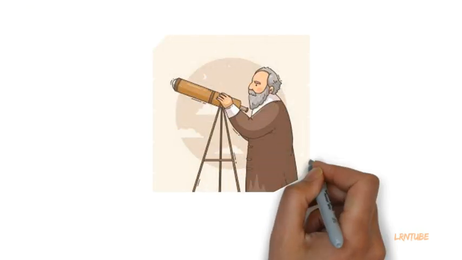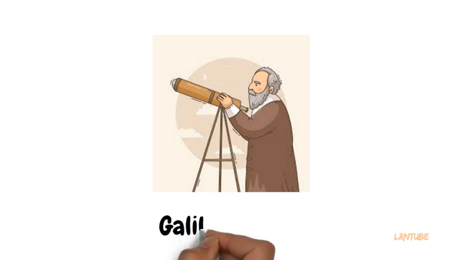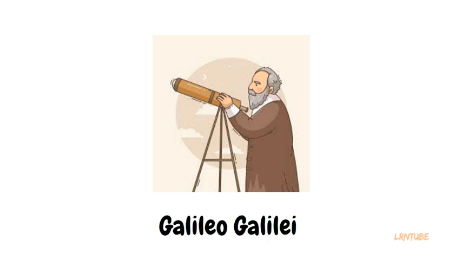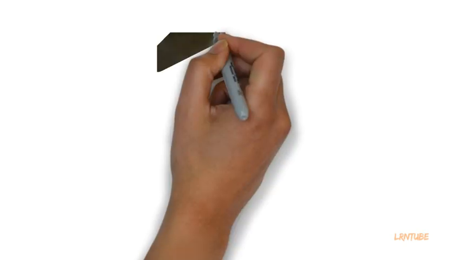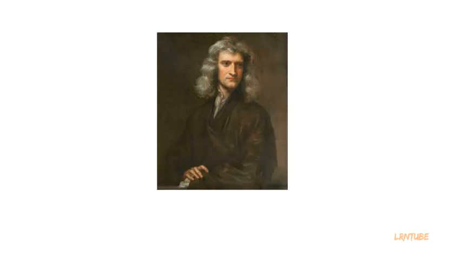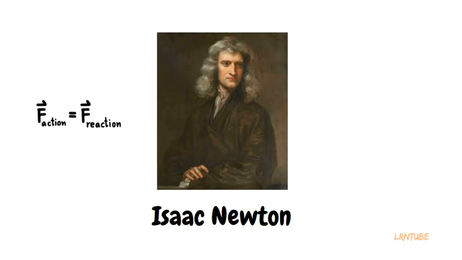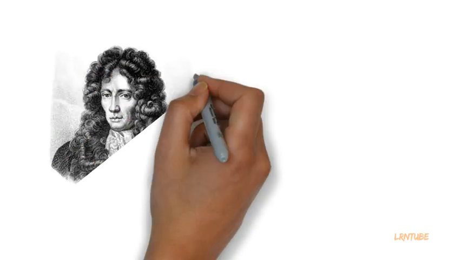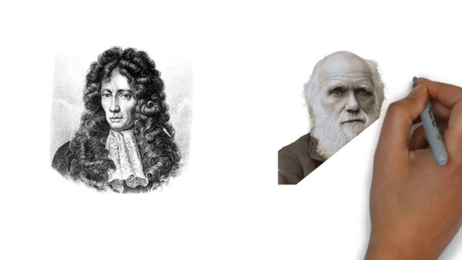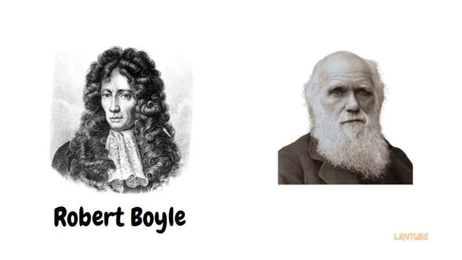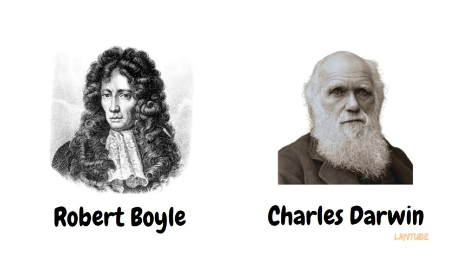Then came giants like Galileo Galilei, who used controlled experiments and telescopic observations to change old beliefs. And of course, we have Isaac Newton, who used experiments and math to unlock the laws of motion and gravity. By the 1800s, science was becoming more professional, and researchers like Robert Boyle and Charles Darwin conducted precise, repeatable experiments and shared their methods so others could verify them.